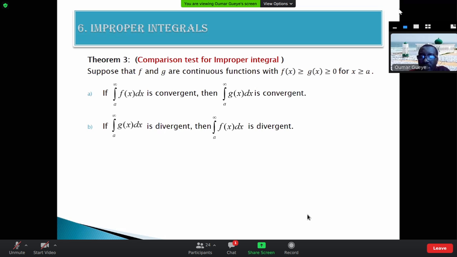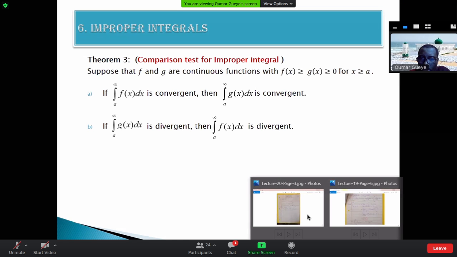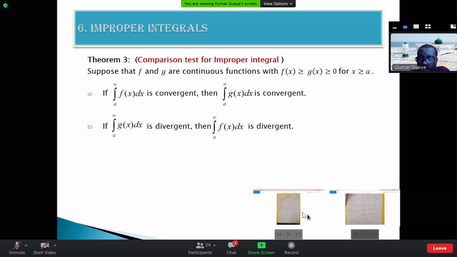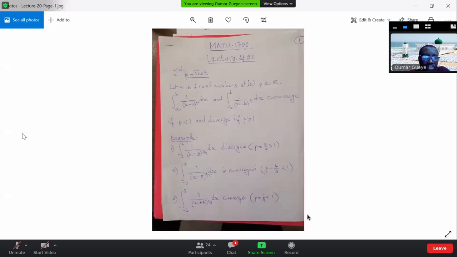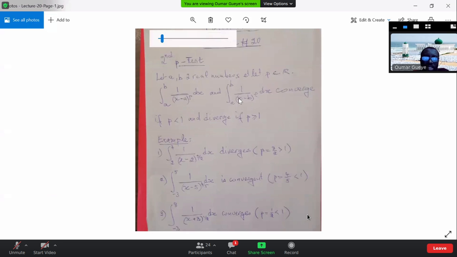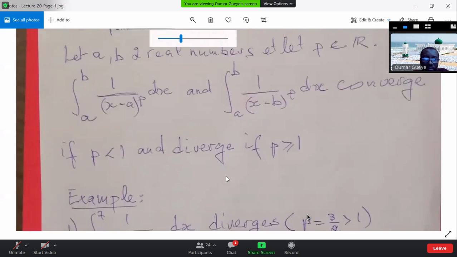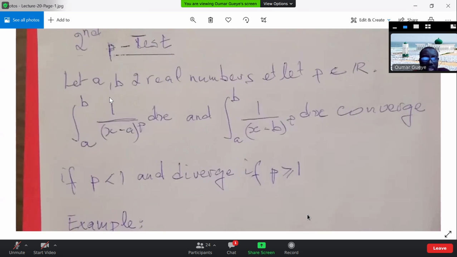Before just doing an example, I'm going to give you the second FTC. Last week, we've seen the first FTC, and here is the second one. What the second FTC says is, if you have this integral from a to b, this is an improper integral of type 2.